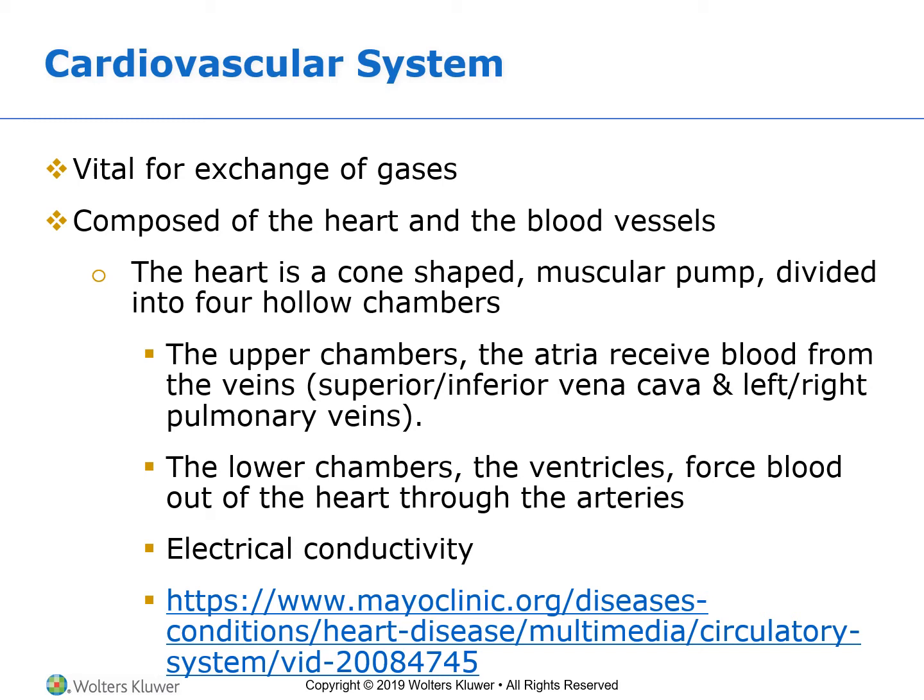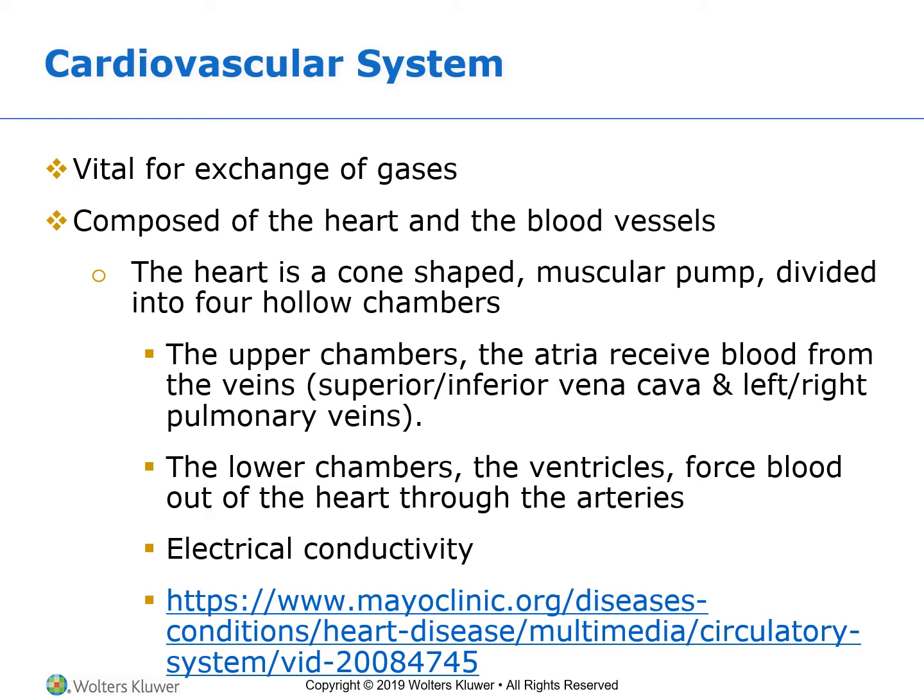The quantity of the blood that's pumped out of the left ventricle is called the stroke volume. The cardiac output is how much of the blood is pumped out each minute. This should be somewhere between 3.5 and 8 liters per minute, and it's calculated using a specific formula: cardiac output equals stroke volume times heart rate.